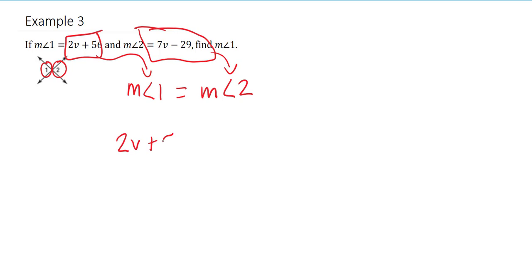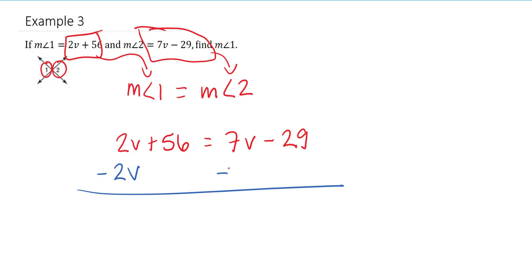So we get 2v plus 56 is equal to 7v minus 29. The first thing we can do is start moving v to one side. I like to take the smaller value and move it to the larger value. So 2 is smaller than 7, so I'd like to go minus 2v on both sides.